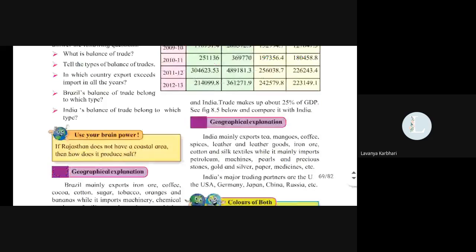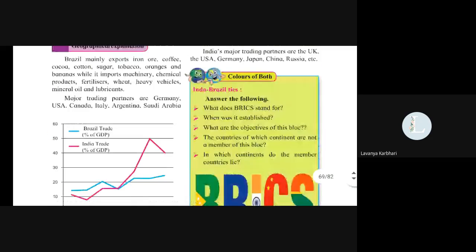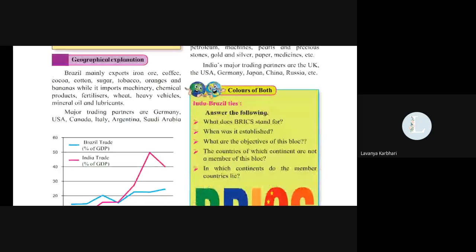Okay, a geographical explanation. Brazil mainly exports iron ore, coffee, cocoa, cotton, sugar, tobacco, oranges, and bananas, while it imports machinery, chemical products, fertilizers, wheat, heavy vehicles, mineral oil, and lubricants.